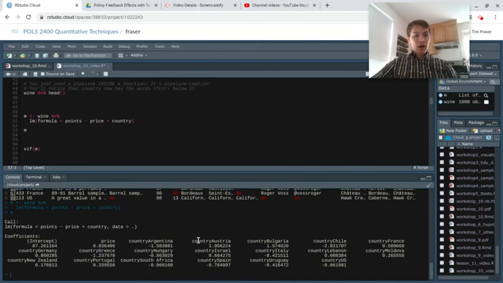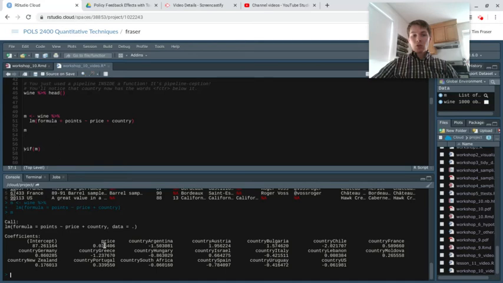Okay, and here we go. You'll notice that Australia is no longer given a beta coefficient here. That's because Australia is represented by the intercept. So if you're from Australia, you get 87 points just to start, independent of everything else.